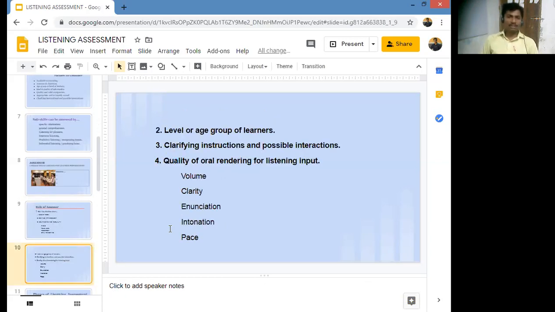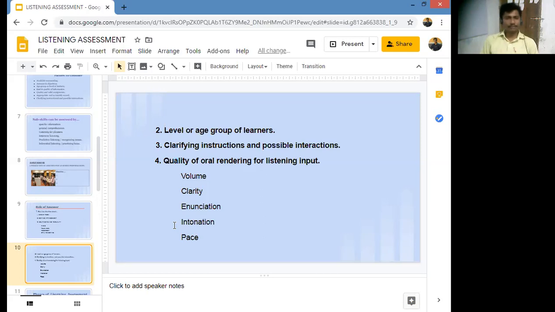Again, we have to consider the level or the age group of the learners. We have to clarify the instructions as far as the possible interactions too. And if we are providing them the oral rendering for the listening input, we must focus on the volume, the sound quality, the voice quality of the assessor or the equipment he is using in the classroom.